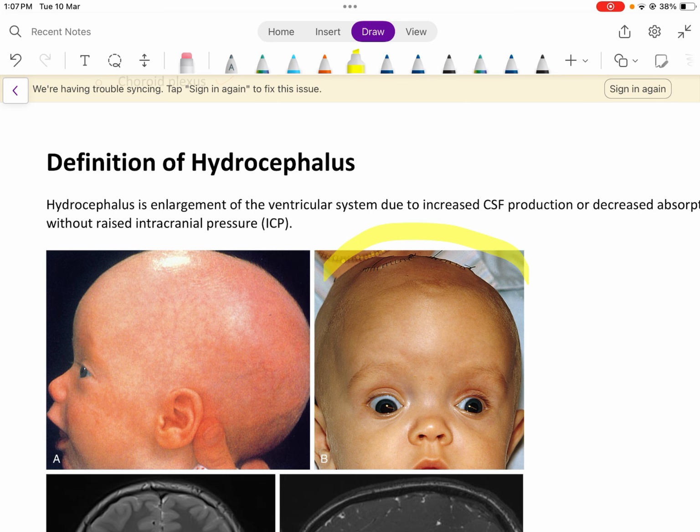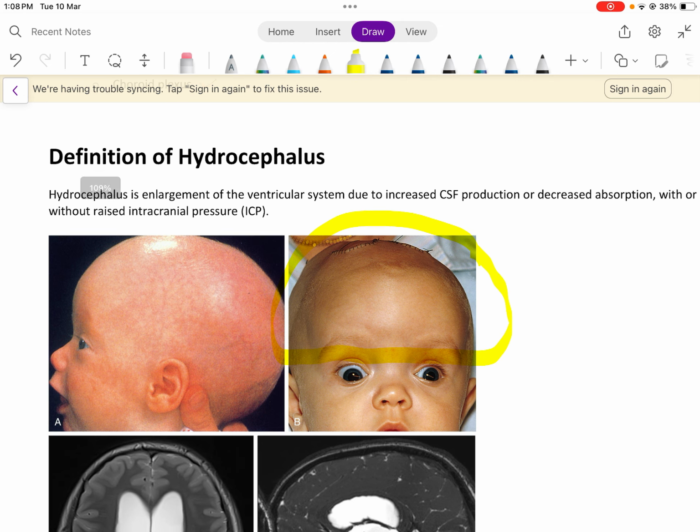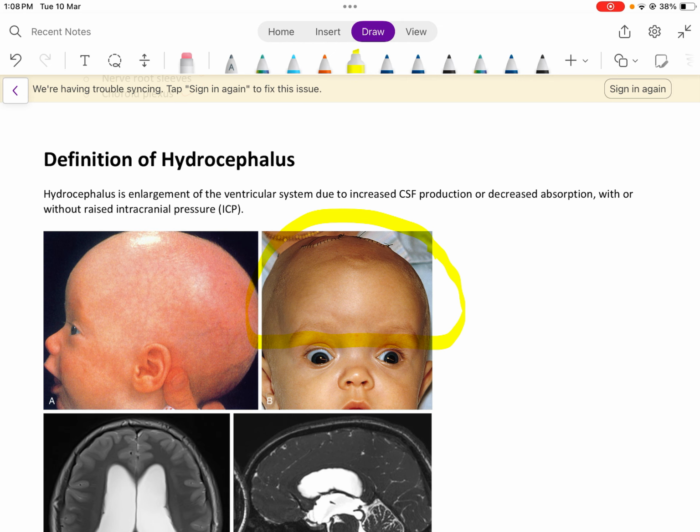So if you see a baby with a giant head, which is a giant fluid-filled head, hydrocephalus is enlargement of the ventricular system due to increased CSF production or decreased absorption, with or without signs of raised ICP. So basically, if you see a baby with a giant fluid-filled head, you can naturally think of two major things.